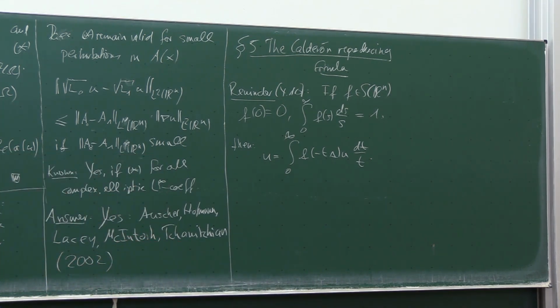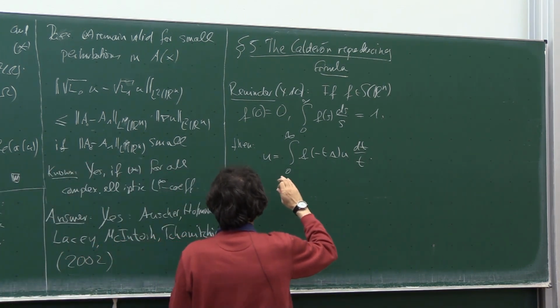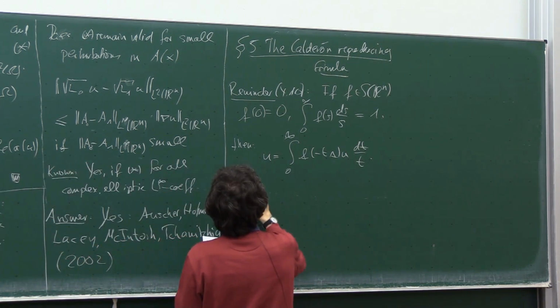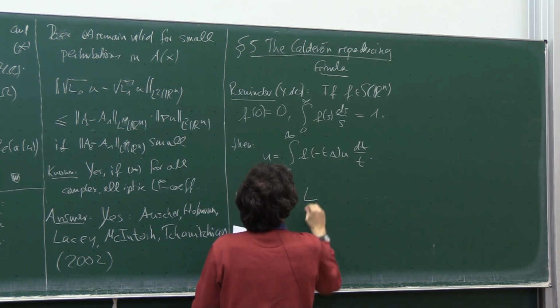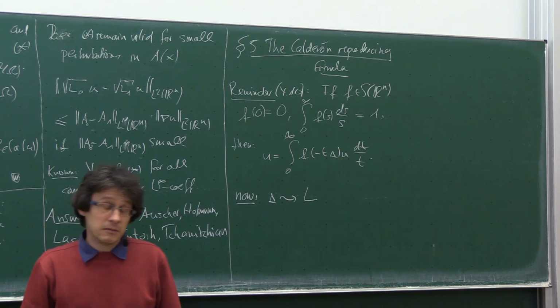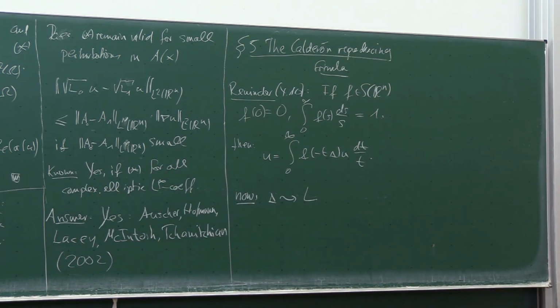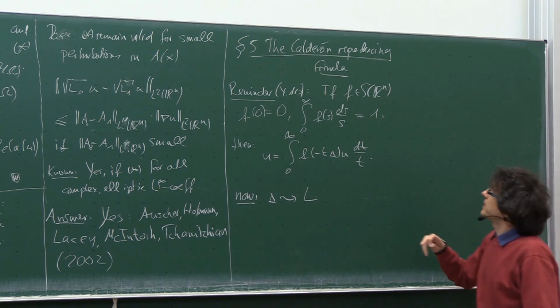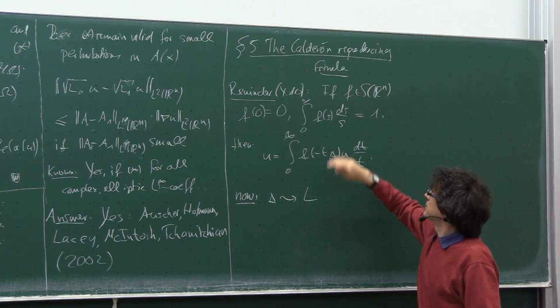So at least we can write down, if you now take L instead of Laplace, a formula that looks similar, and then we can try to prove it. And this is what we will do now. So we will replace the Laplace operator by some sectorial operator L. And to do this, we also have to change a little bit the functions that we use here.